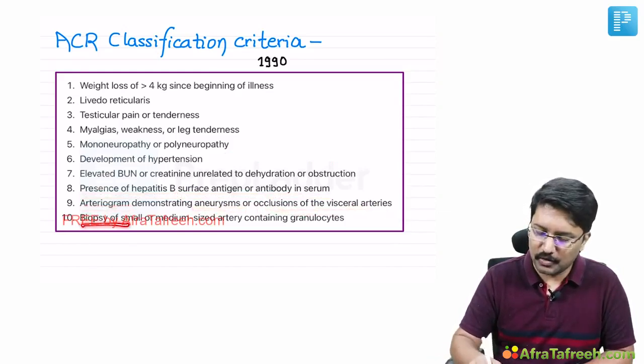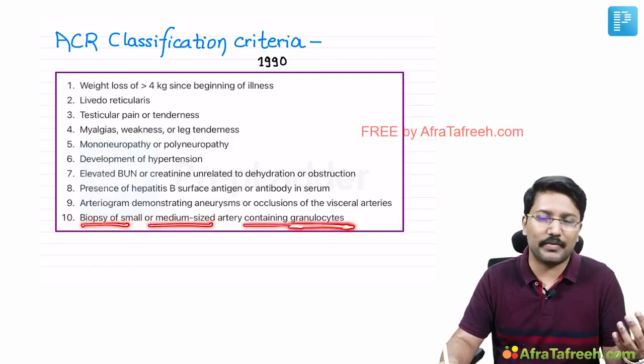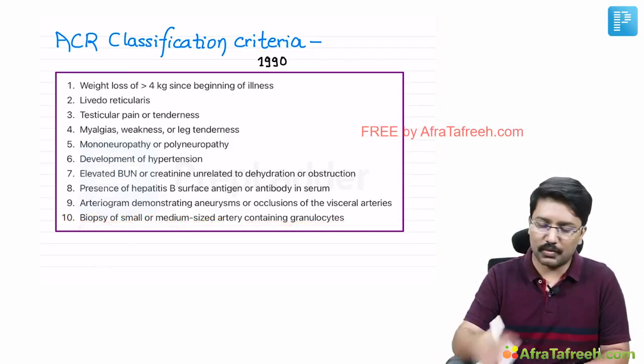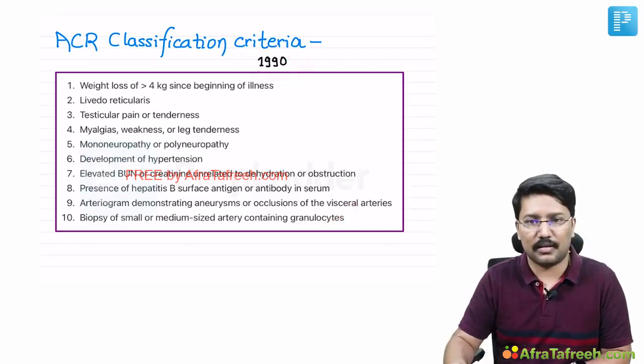And the last one is biopsy of small or medium vessels containing granulocytes, right? I have told you that in the initial stages of the vasculitis, there will be a granulocytic infiltration, right? So these are the components of the 1990 ACR classification criteria.